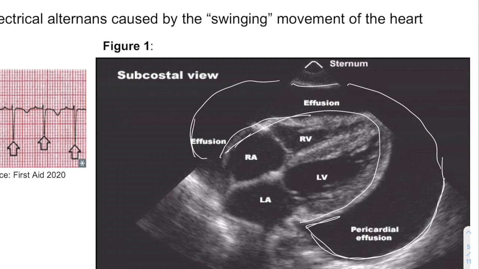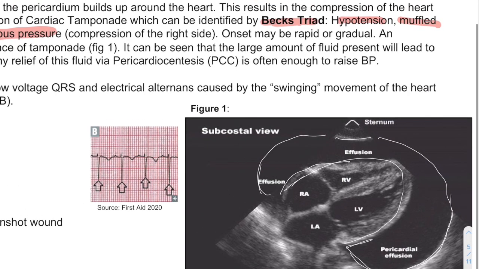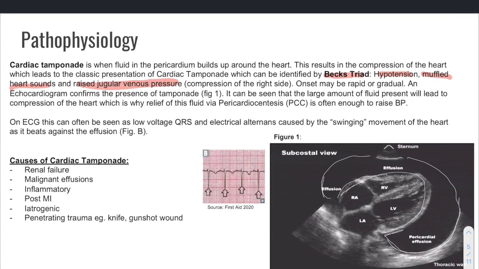So that's all fluid buildup, which can be, again, pericardial effusion. It can be due to ventricular wall rupture, and so it could be blood filling the pericardium. But either way, massive effusions can cause the compression of the heart, and that's where you get into the emergency.